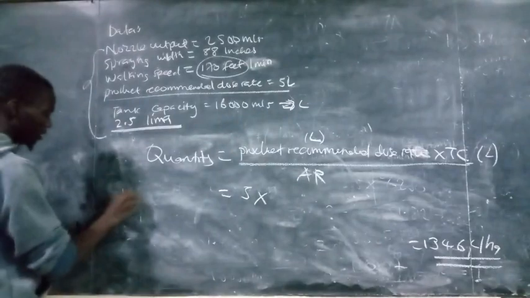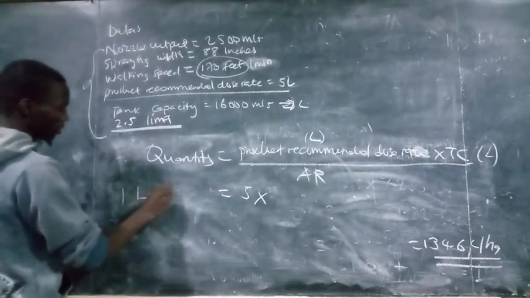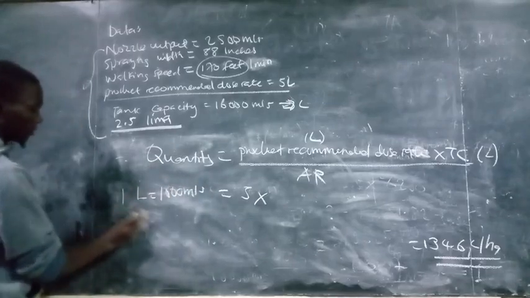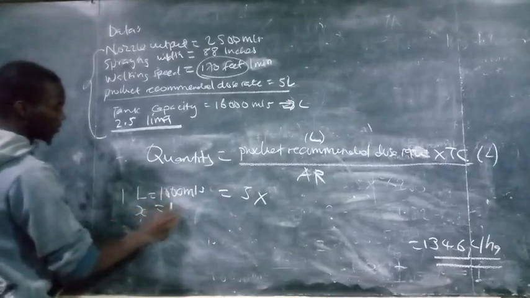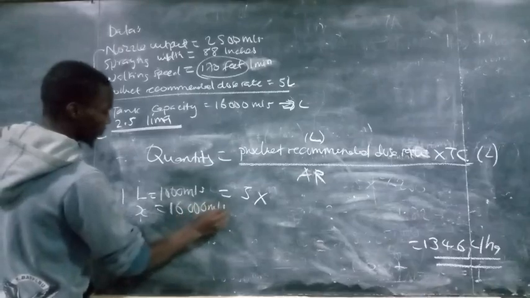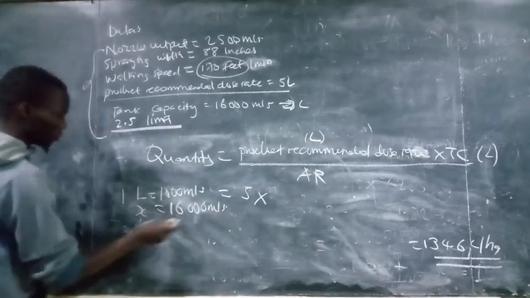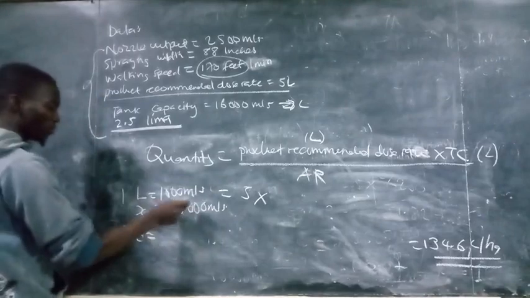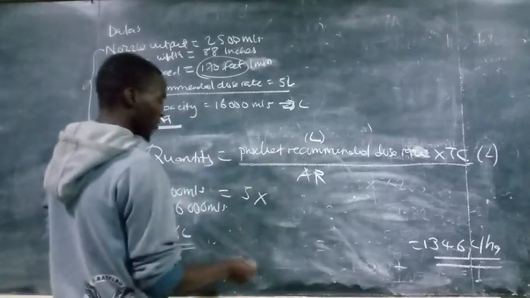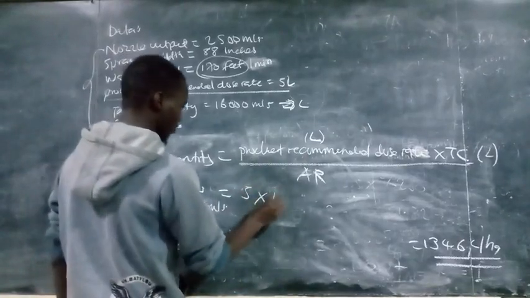So 1 liter is equal to 1,000 mils. How much about 16,000 mils? When you cross multiply here, 16,000 mils is equal to 16 liters. So therefore, our tank capacity is 16.